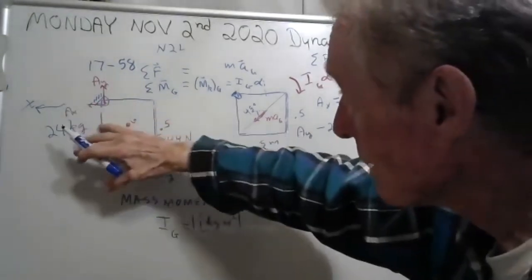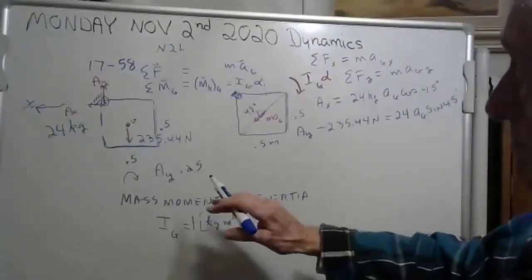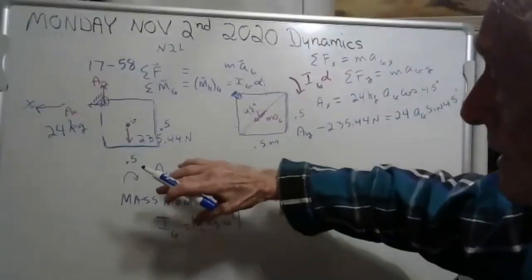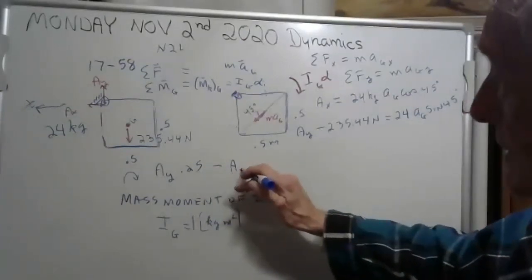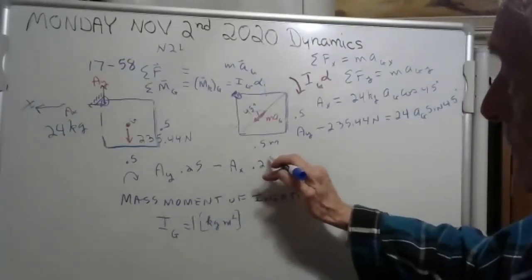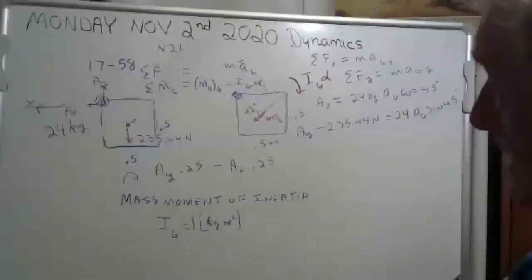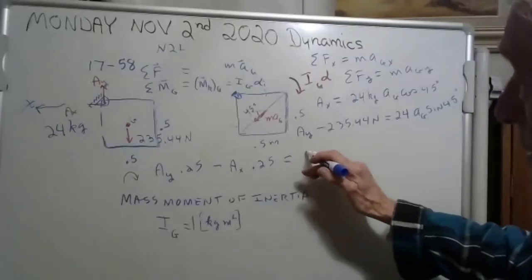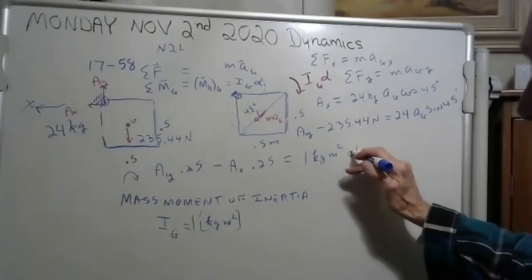You've got AY times 0.25 meters clockwise minus AX times 0.25 meters. Now that's counterclockwise, and that's it, equals 1 kilogram meter squared times alpha.